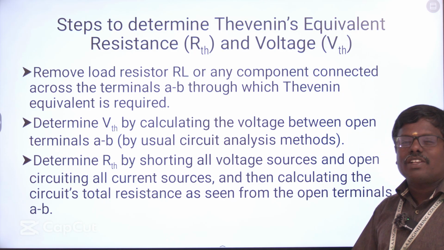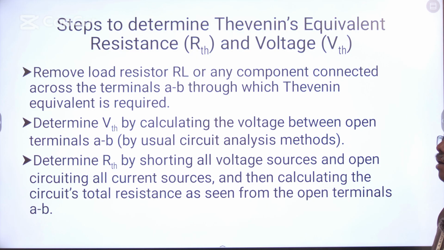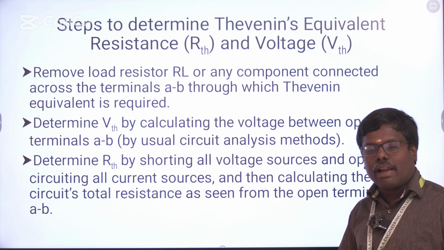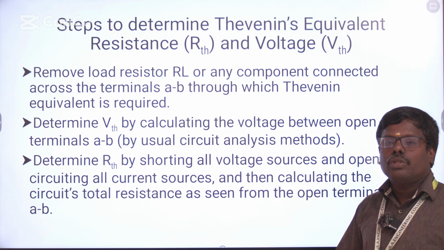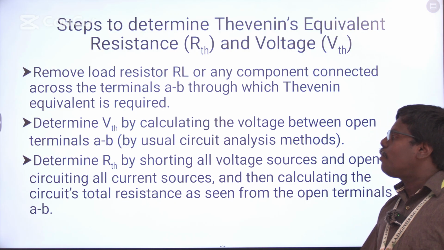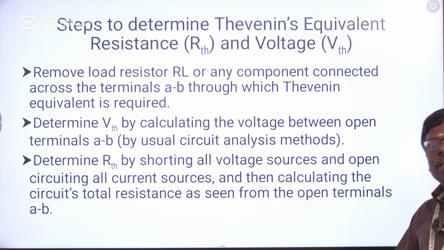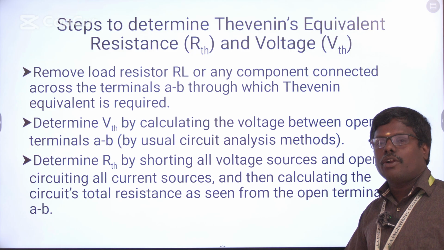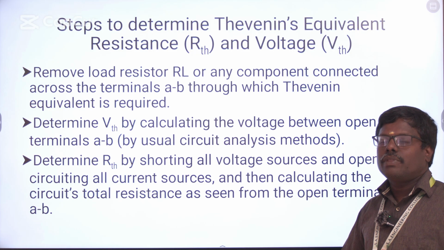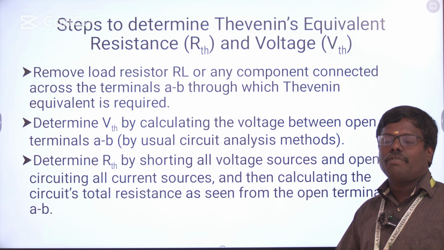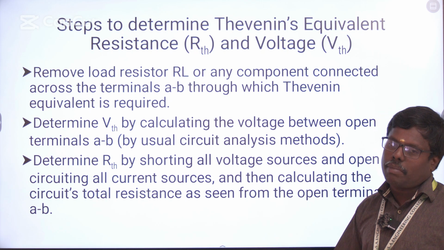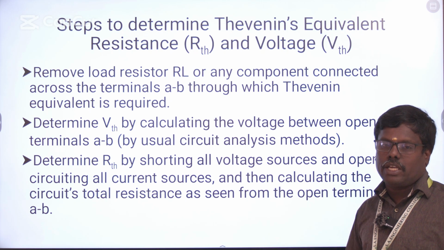That is our first step. Next step, we have to calculate VTH. The VTH should be calculated as the open circuit voltage, that is the voltage across A and B where we removed the load resistance.